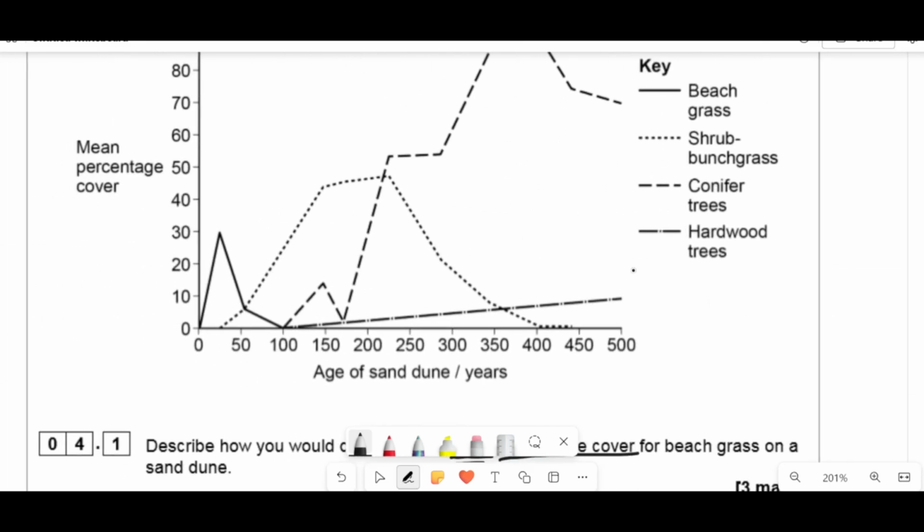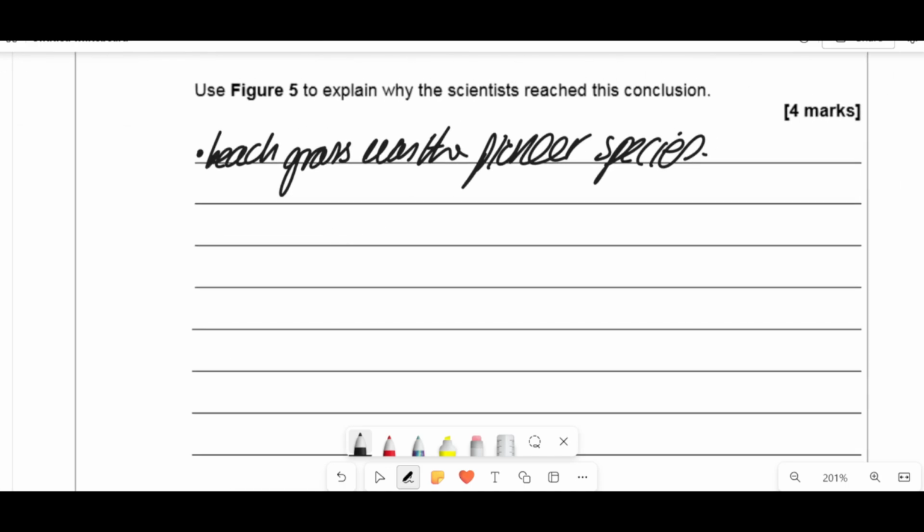Now, we need to look at what's happening. So they die out, right? And then you start getting shrub and bunch grass and so on. So it looks like that, but then we need to explain why that's happening. Yes, there are pioneer species, but why were they there to begin with, and why all of a sudden are new things coming along?